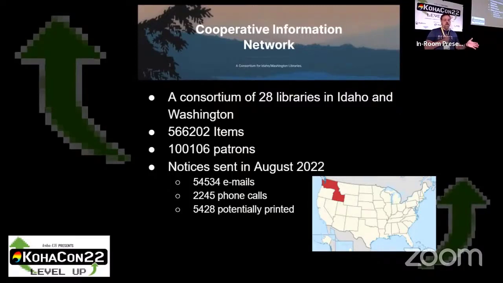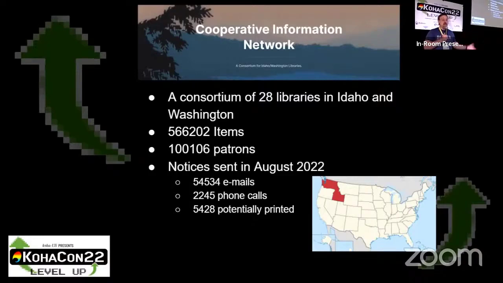And we still keep track of what our printed notices are. So we still have patrons that aren't set up for one of our notification options, and those default over to printed notifications, which just kind of fall to the wayside now. But we still have a little under 5,500 potentially printed notifications.